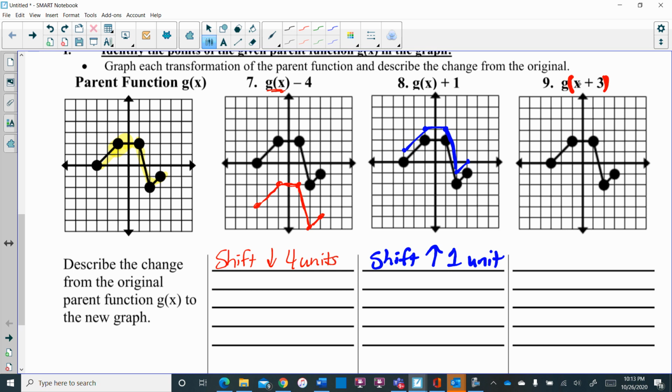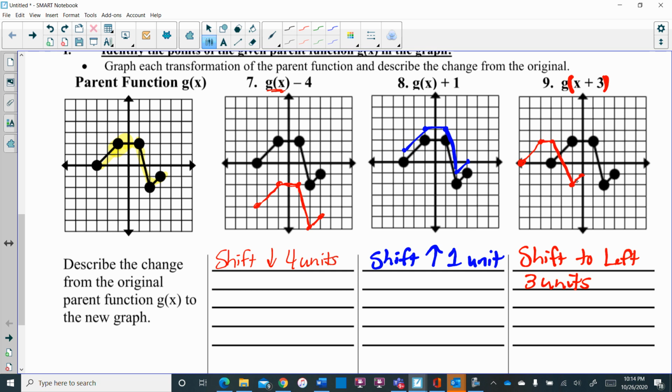I'm going to describe it first: a shift to the left, 3 units. Each point we're just going to count to the left 3. So that will go there, that will go there, that one will go there, that will go there, and that one will go there. Then we're just connecting to show the graph was shifted left.